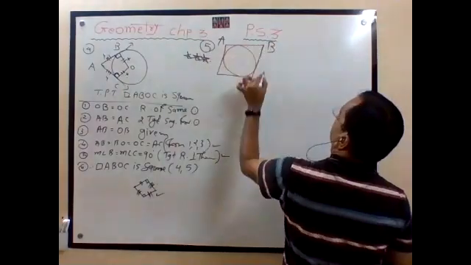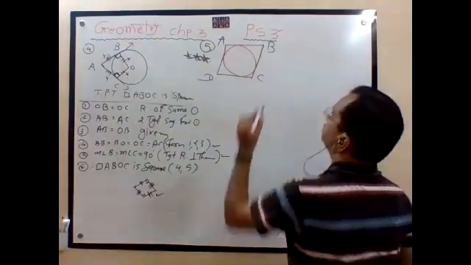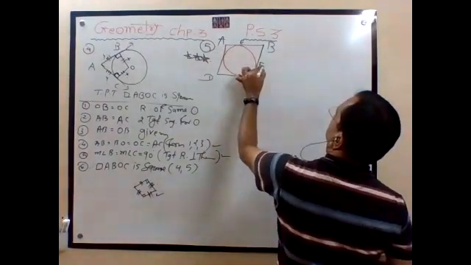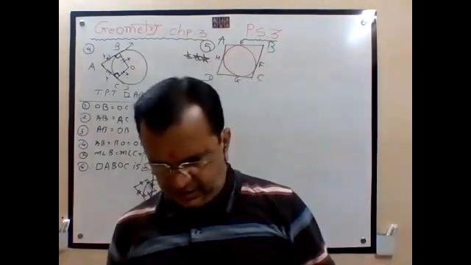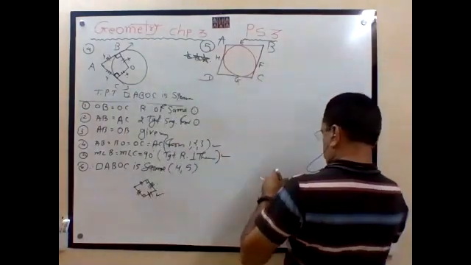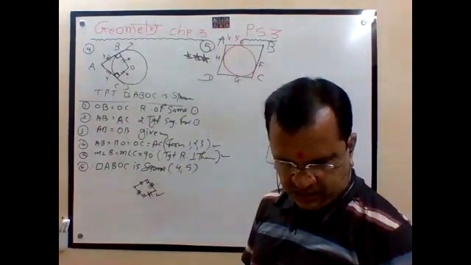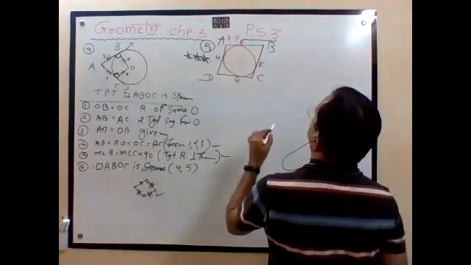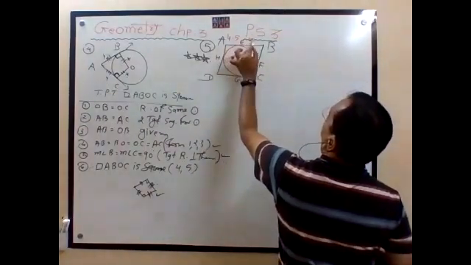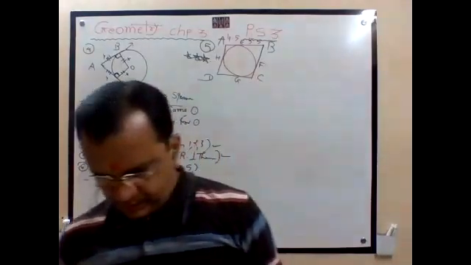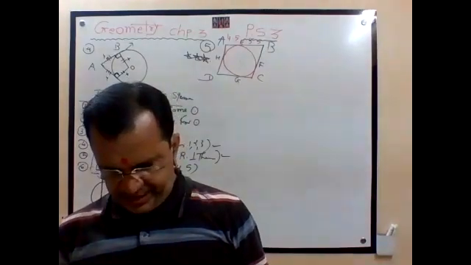This is A, B, C, D, and touching points E, F, G, H. It is given that AE is 4.5, then EB is 5.5. It is a parallelogram. We have to find AD.